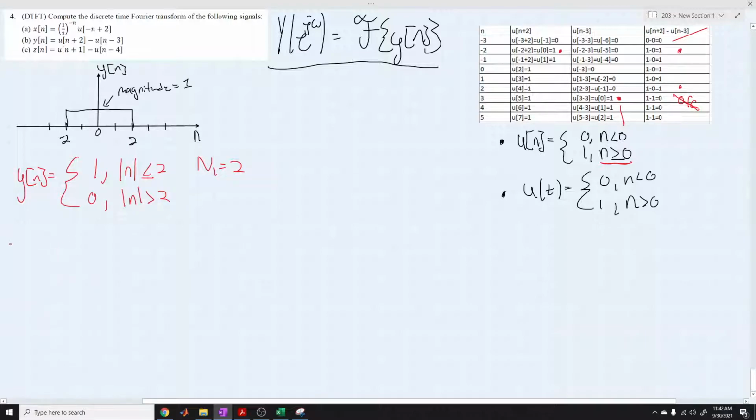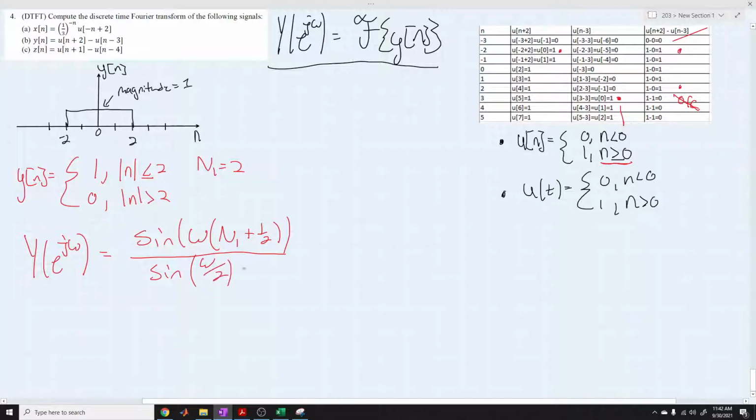So then immediately that tells us that big Y of e to the j omega is equal to sine of omega times big N sub 1 plus 1/2, over sine of omega divided by 2.